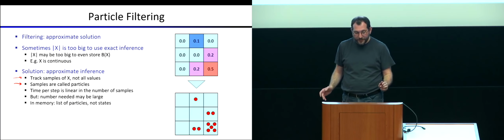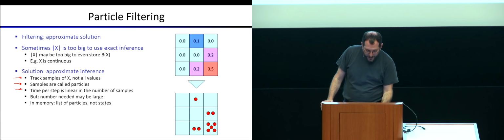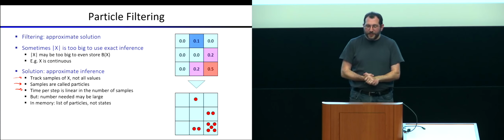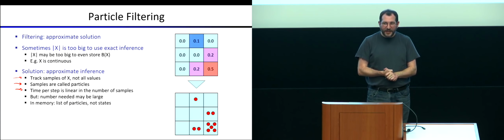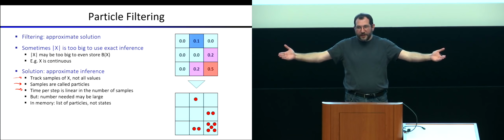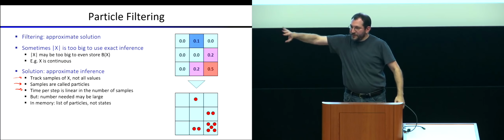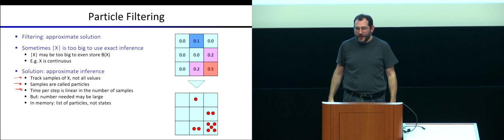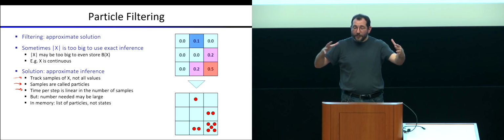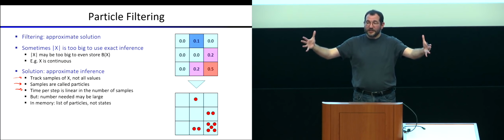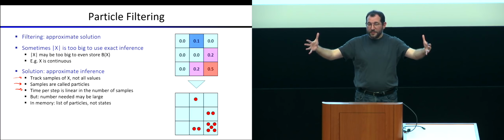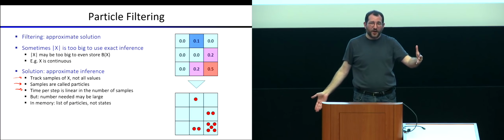They're just samples. The amount of time I'm going to spend is linear in the number of samples because my basic flow of this algorithm is, here are my samples, they represent my current belief because, hey, all the samples are over there by the wall, I think the robot's probably over there. I'm going to do operations on these samples to give me new samples, and I'm going to do it basically by scanning over the old samples.